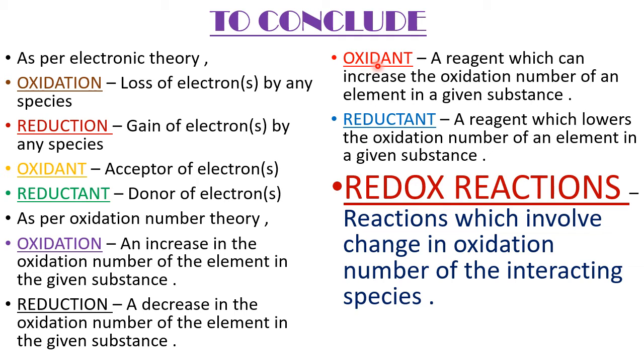It is a reagent which can increase the ON of an element in a given substance, whereas a reducing agent is an agent which lowers the ON of an element in a given substance. So at the end, what is meant by redox reactions? Reactions which involve change in ON of the interacting species are termed redox reactions. So this slide is like a highlight.